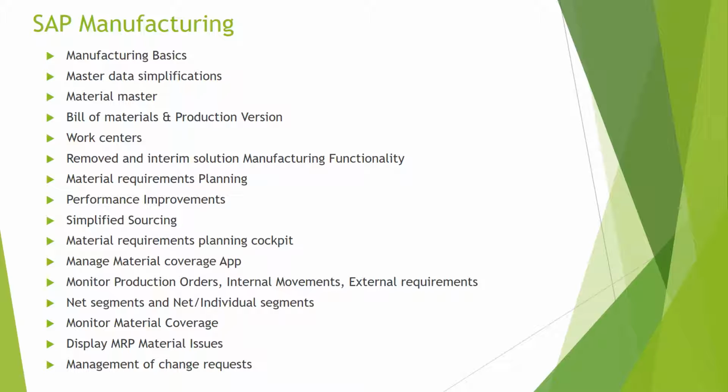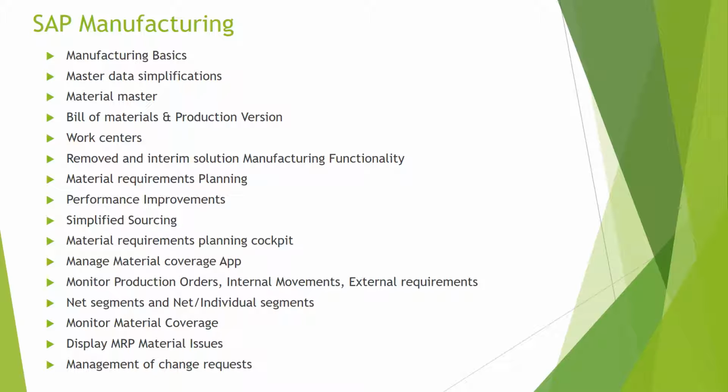And then the Manage Material Coverage app. This app is very similar to the traditional MRP stock requirements list view transaction. This SAP Fiori app allows the planner to see the current stock situation for the material in a linear model. It shows all the planning objects in SAP S/4HANA and allows the planner to make decisions on the material positions.